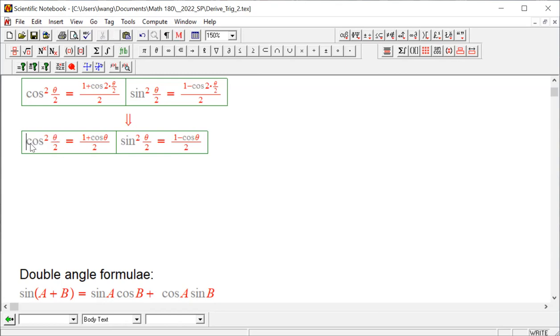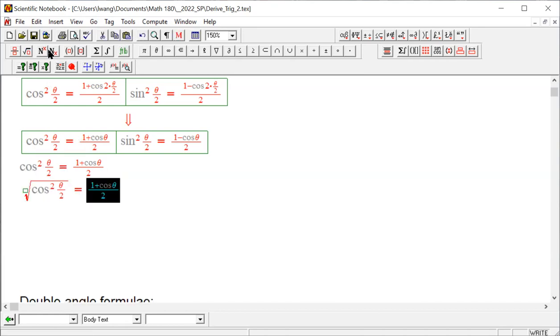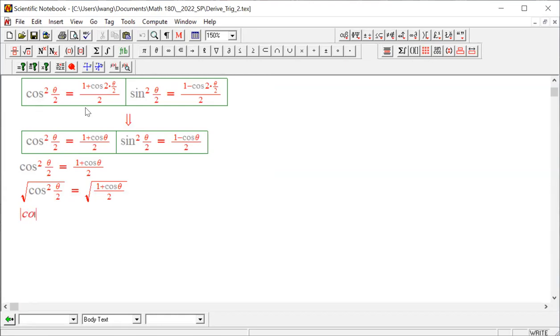Let's do one at a time. For this piece, we're going to take the square root on both sides. On the left-hand side, it's going to be the absolute value of cosine theta over 2. On the other side, it's going to be the same.